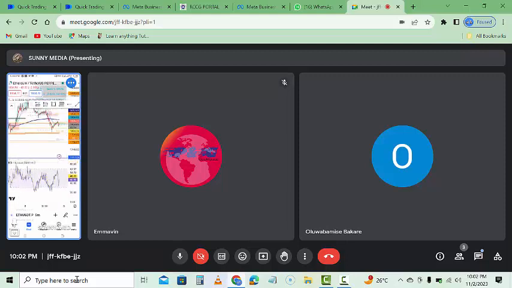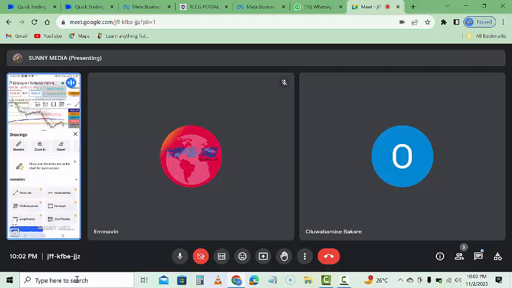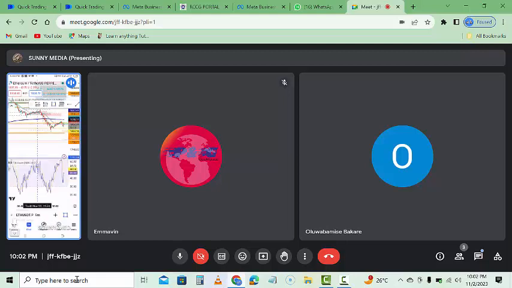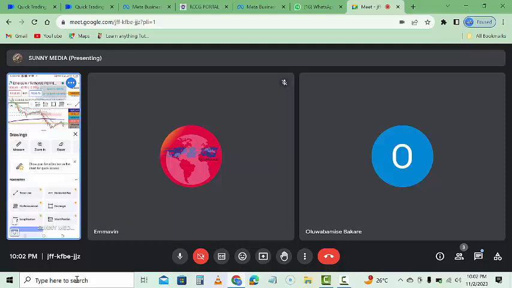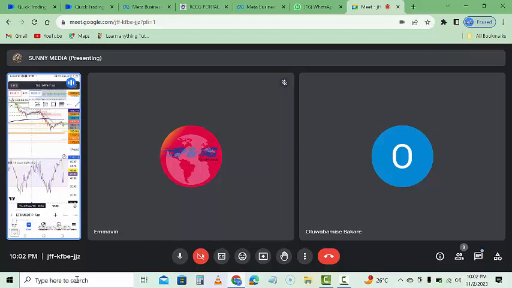Okay, here it is. The structure is from here where the line is, to this top where the line ends.